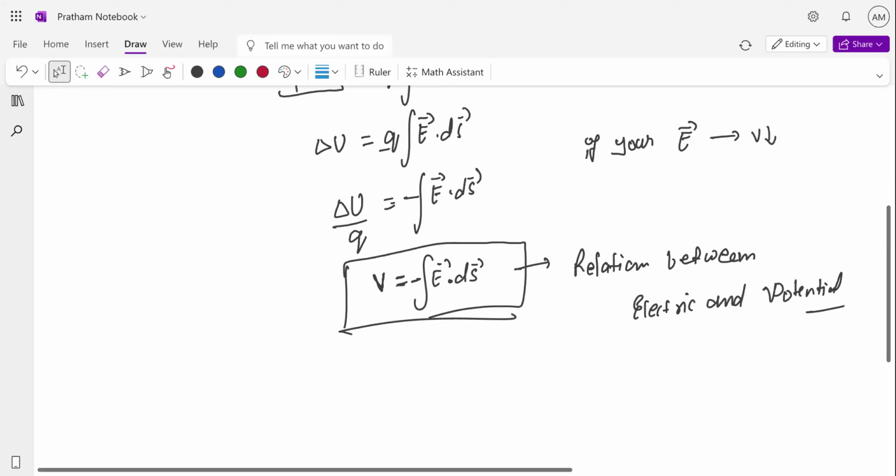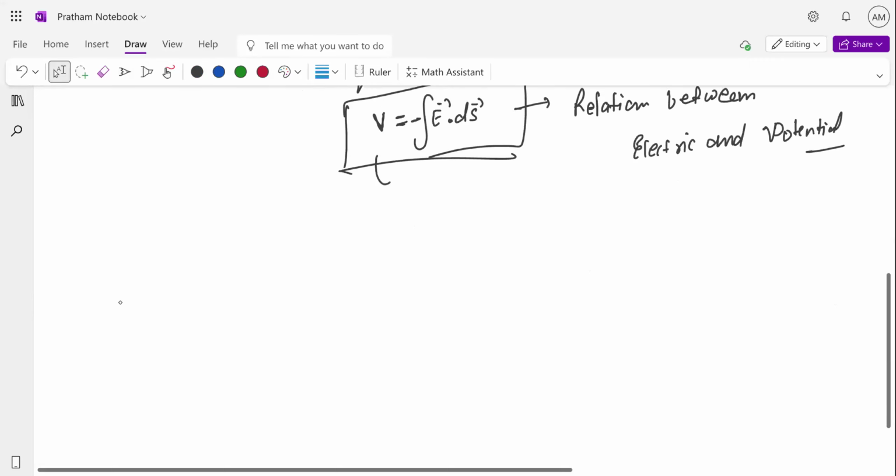Now we can go with the electric field from potential. How can I figure out electric field from potential? The relation is fine, we can calculate potential energy from electric field, right? But I want another thing.